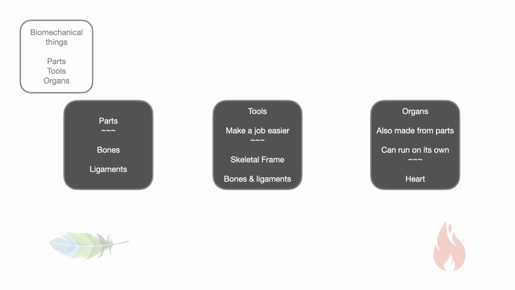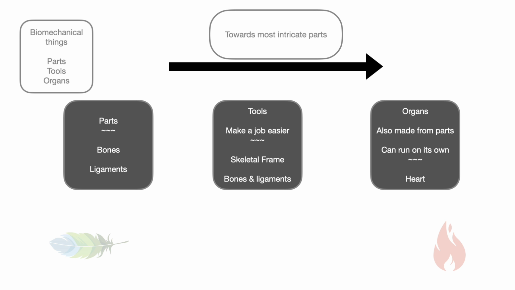They're the same to me as far as how I organize stuff in these presentations. All of these things can be considered parts as far as how I organize this stuff. But parts are on the simpler side, and then it works towards more intricate parts.